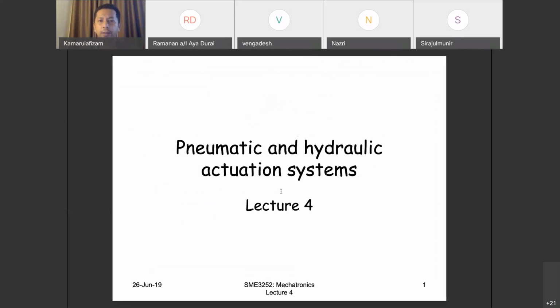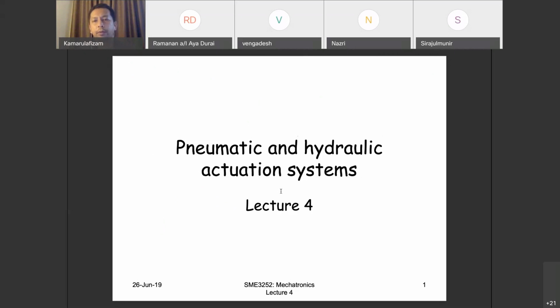We are now looking at part of the very important mechanical elements in the mechatronic system, which very much cover pneumatic and hydraulic. Pneumatic basically covers air, and hydraulic will basically work on oil.